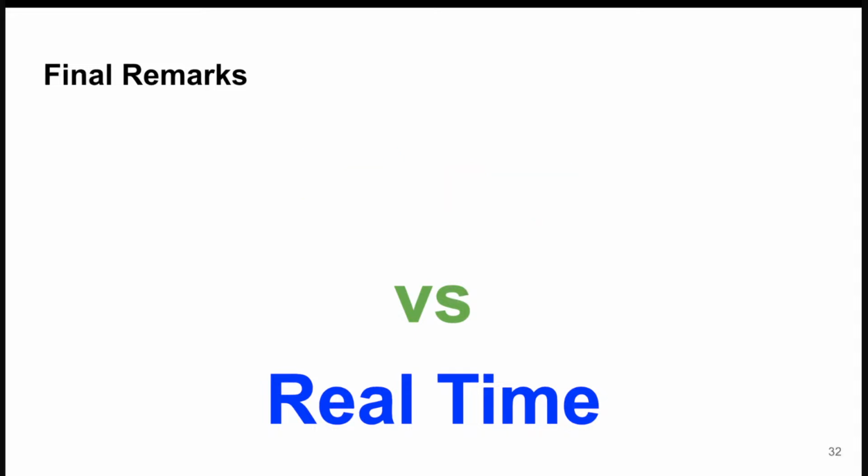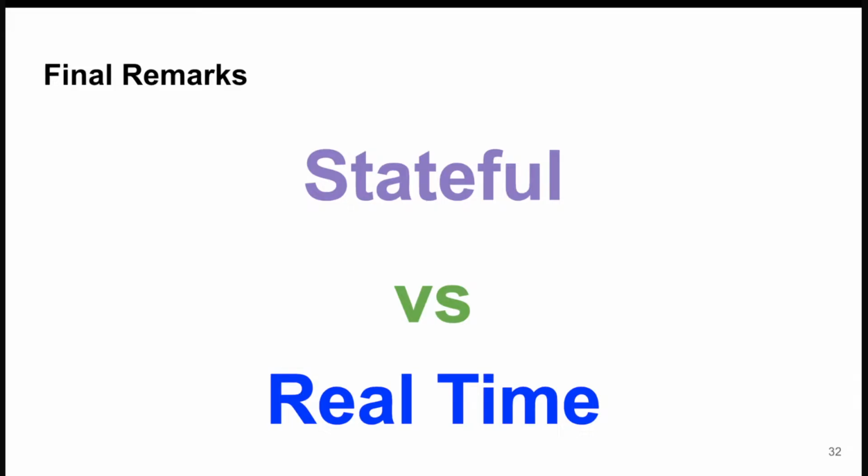Okay, let's do another one. Stateful. Yeah. So the way I would think about stateful is that if you have a network that is stateful, then you need to make sure you're handling that state properly to be able to implement it in real time.